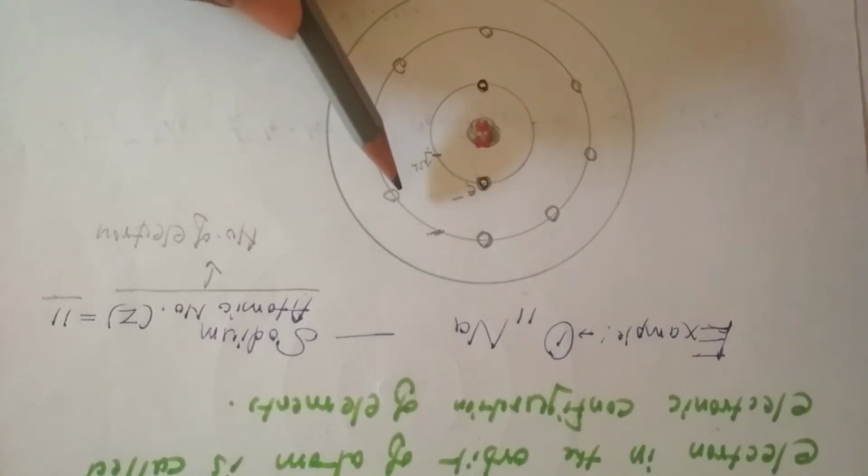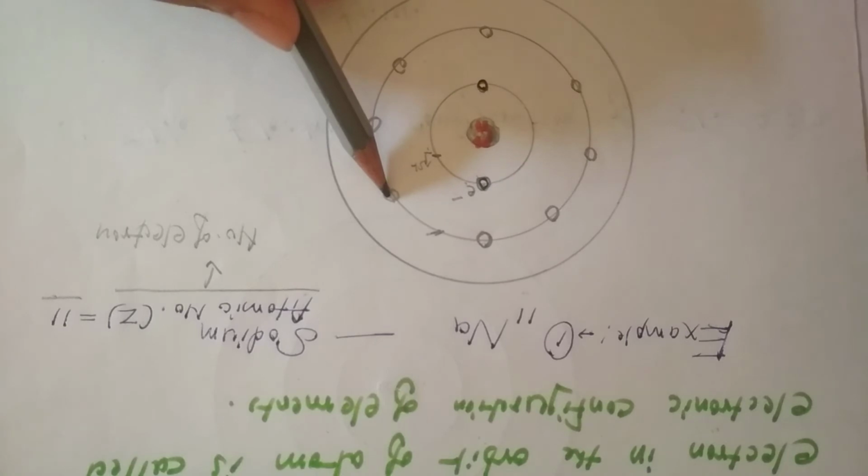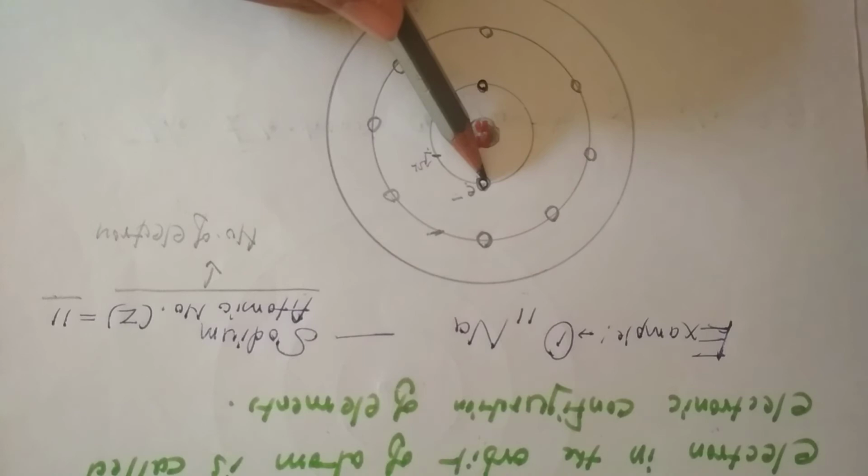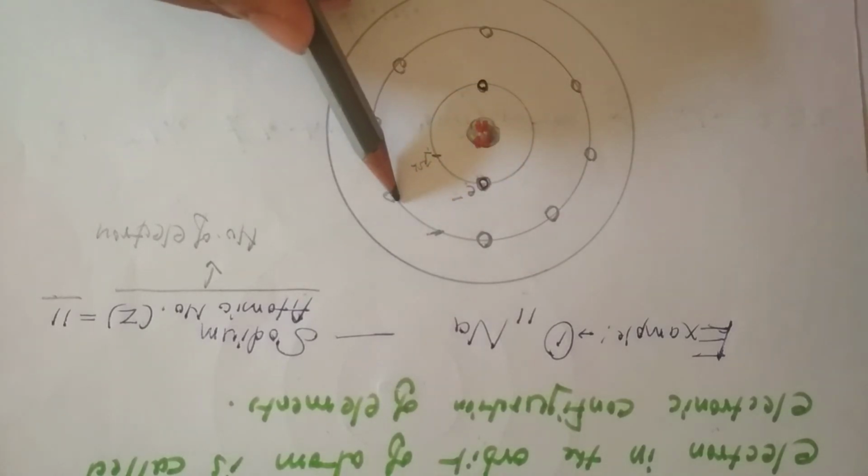The first orbit has 2 electrons and the second orbit has 8 electrons. Now the total becomes 10.